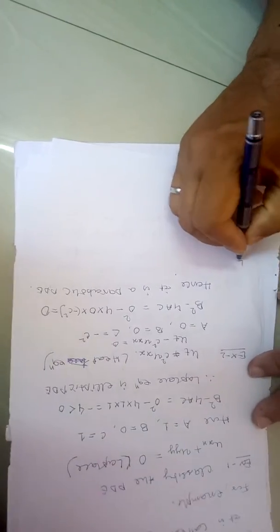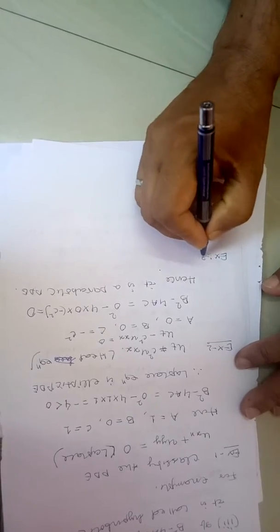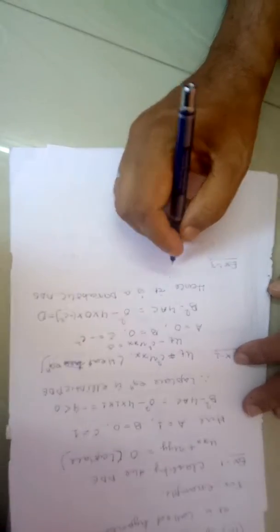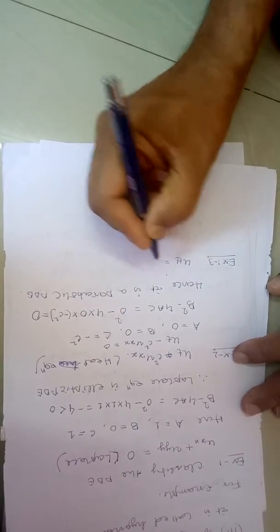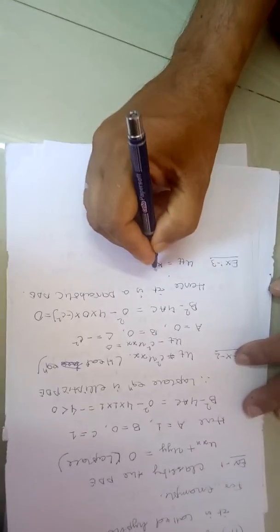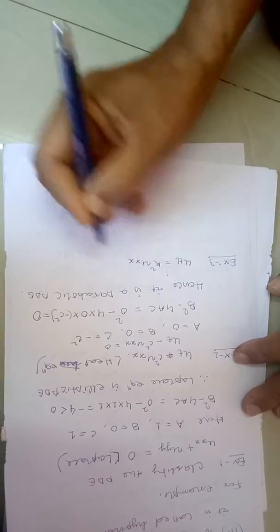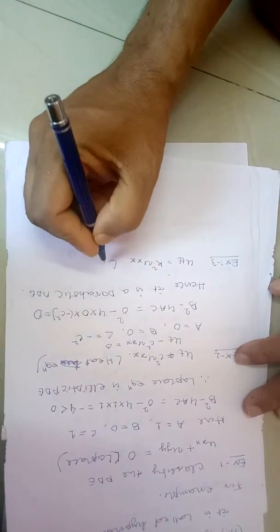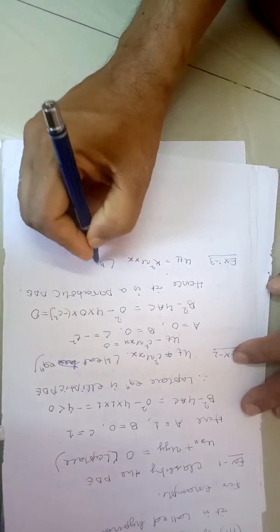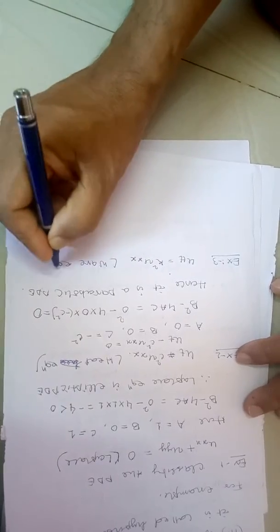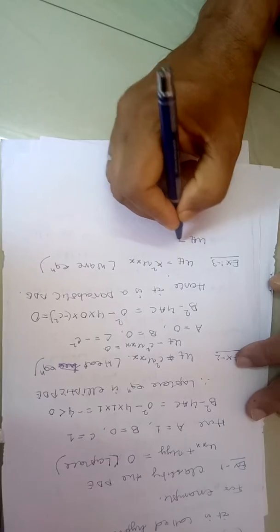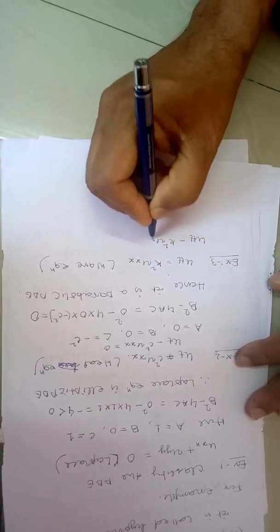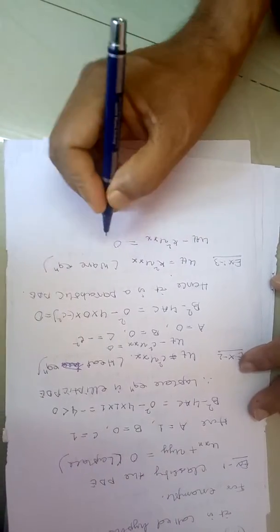Now let me take another example. Example 3. Let me classify the wave equation utt is equal to k square uxx. This is known as the wave equation. So we can write it as utt minus k square uxx equal to 0.